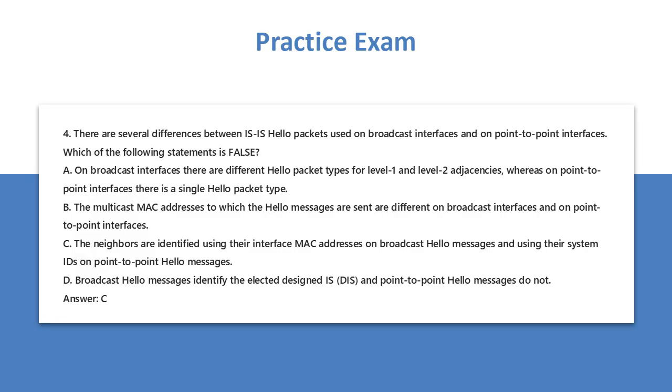B. The multicast MAC addresses to which the hello messages are sent are different on broadcast interfaces and on point-to-point interfaces. C. The neighbors are identified using their interface MAC addresses on broadcast hello messages and using their system IDs on point-to-point hello messages. D. Broadcast hello messages identify the elected router as DIS, and point-to-point hello messages do not. Answer: C.